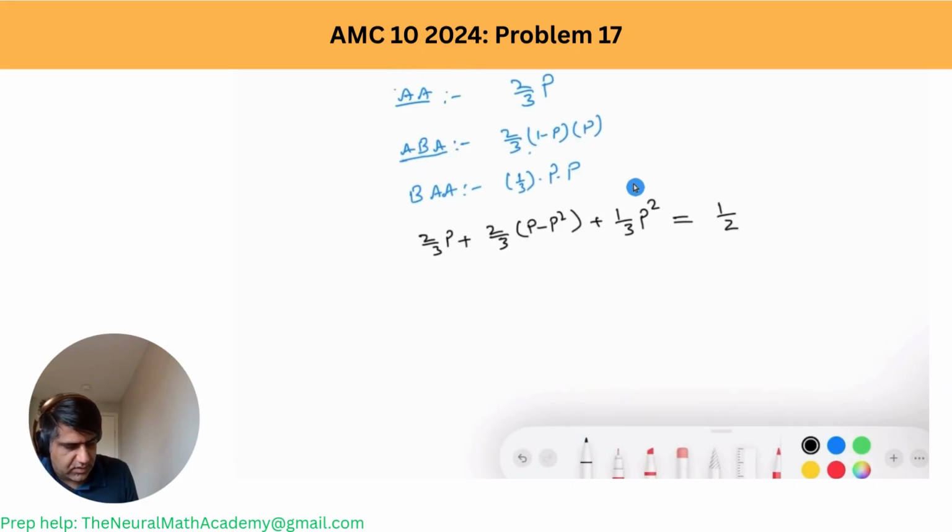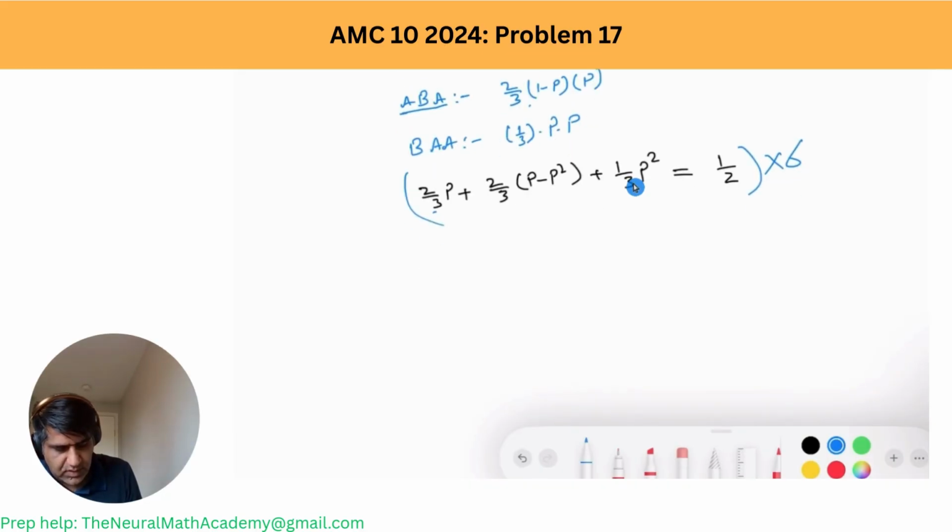So now we can simplify this equation, and if I multiply both sides by 6, okay, then I would get 3 on this side, and here I would get 4P, then again 4P minus 4P square, right?